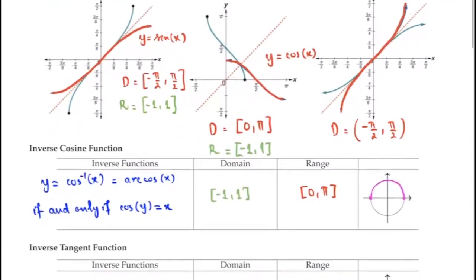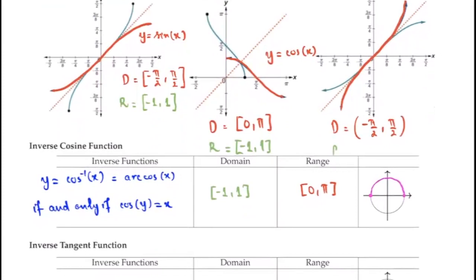Okay. And the range for the tangent function and cotangent function that we learned in the last lecture, tangent and cotangent functions have a range that goes from -infinity to +infinity. So there's no restriction for the range.